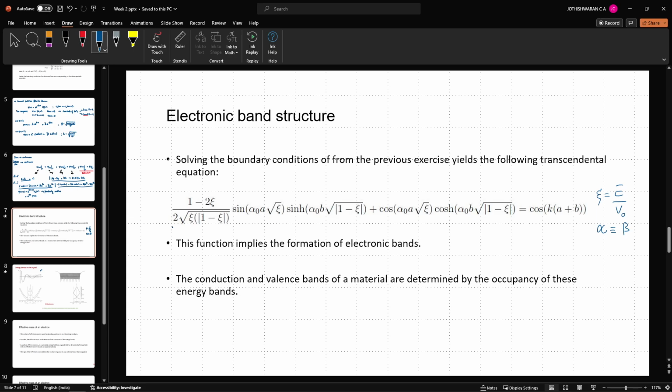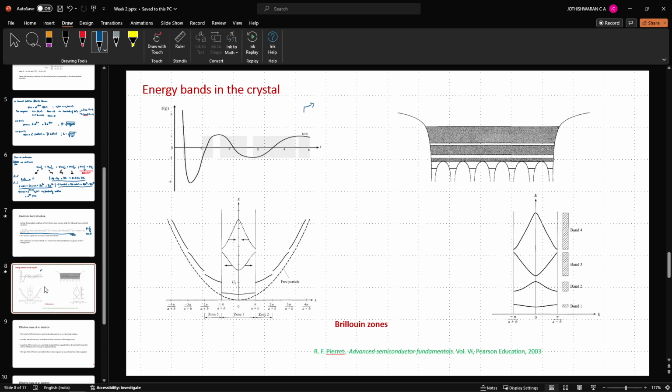So this whole quantity here is what we are calling f of xi. And this is the plot of f of xi. As xi tends to 0, f diverges off to infinity, and it is an oscillating function, not a periodic function.